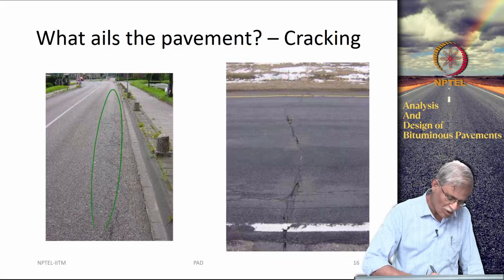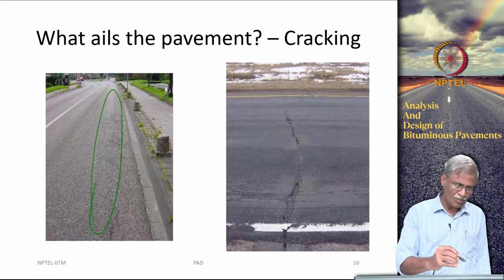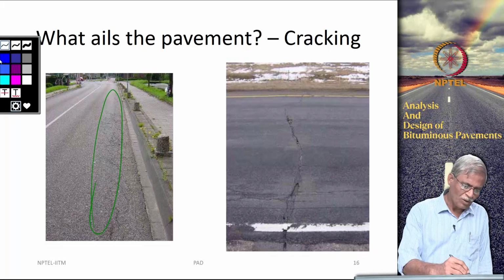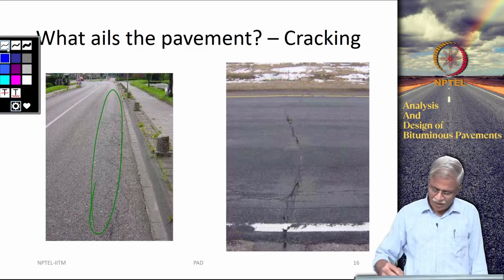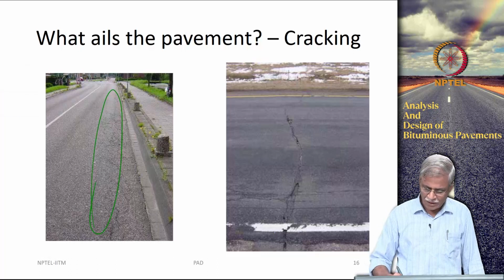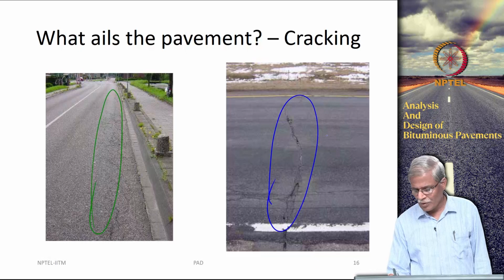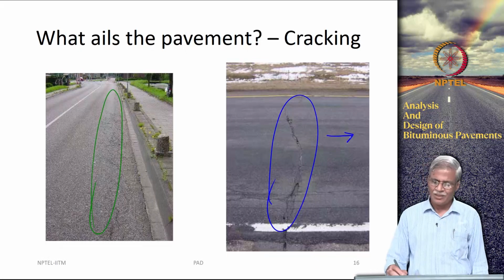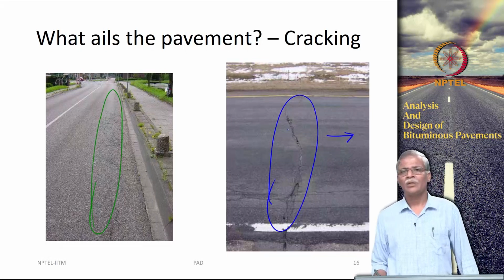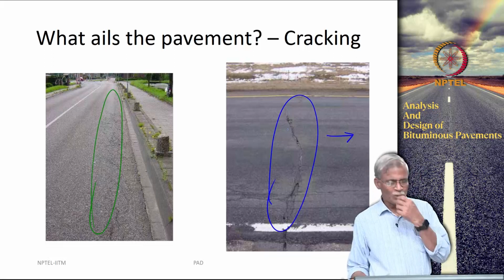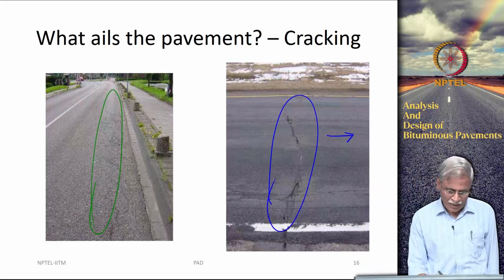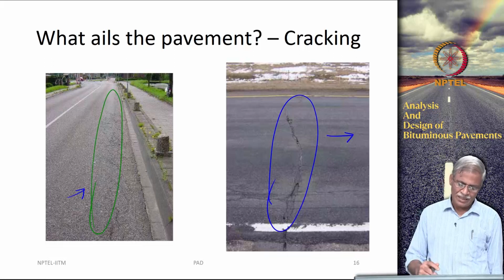Now, these are the failures that are going to be a problem for you, because this is what you are going to be seeing here. So, this is your traffic direction. On the right hand side you are going to see what is called low temperature cracking, and what you see here is the fatigue cracking.